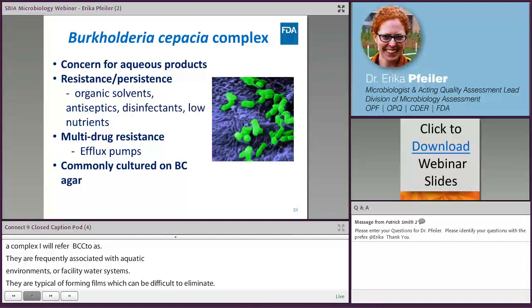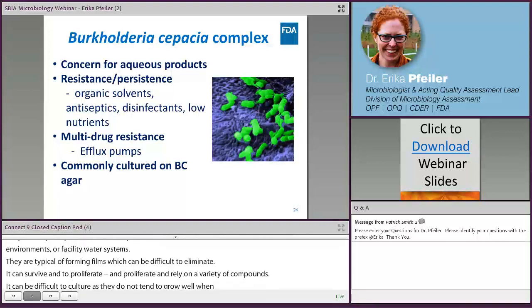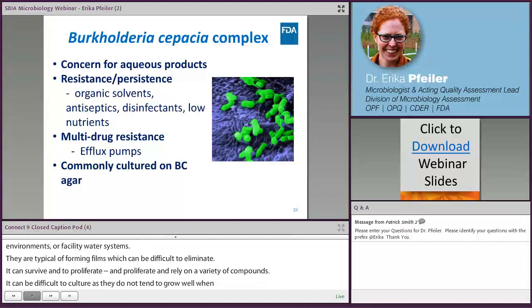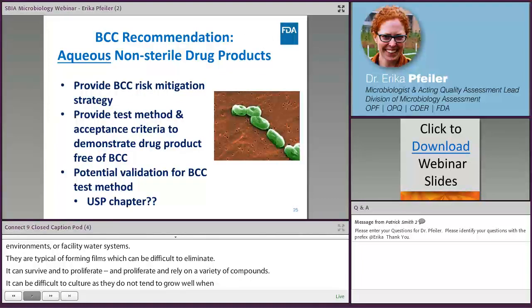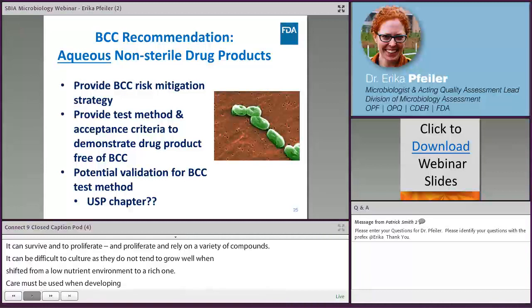BCC can be difficult to culture, as they don't tend to grow well when they're shifted from a low-nutrient environment, like a manufacturing facility or a drug product, to a rich one, like microbiological media. So care must be taken when developing sampling methods. BCC have been implicated in a number of public health events and product recalls involving both sterile and non-sterile products.